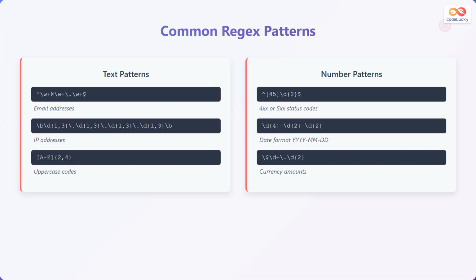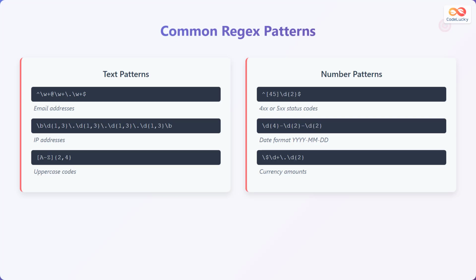Here are some commonly used regular expression patterns in Splunk. For text patterns, \w+@\w+\.\w+ matches email addresses. \b\d{1,3}\.\d{1,3}\.\d{1,3}\.\d{1,3}\b matches IP addresses.